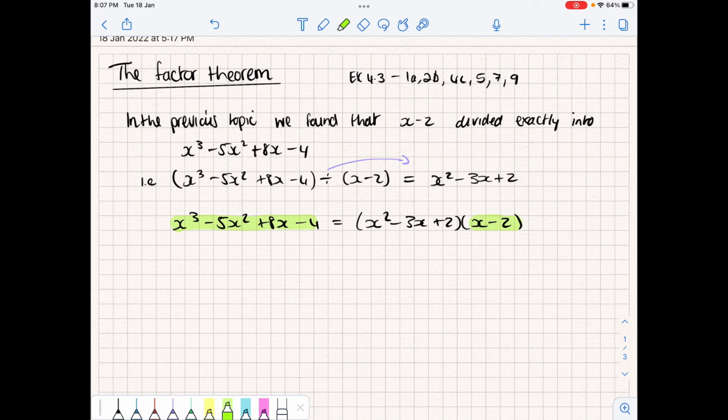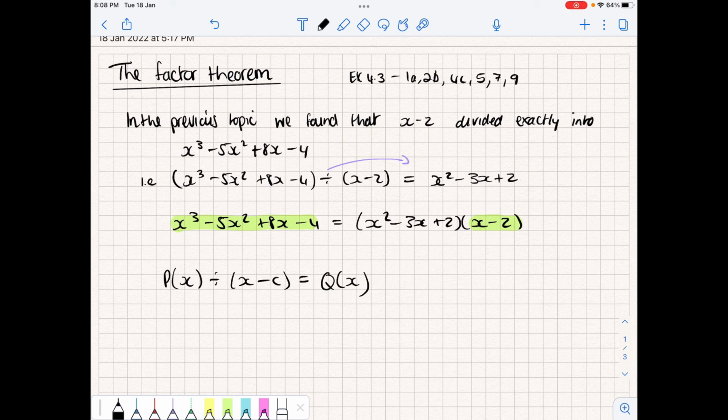So in other words, let's call this polynomial p of x. It could be anything. And if we divide this polynomial by some factor, so let's call this factor x minus c, it would give us some new polynomial q of x, right?